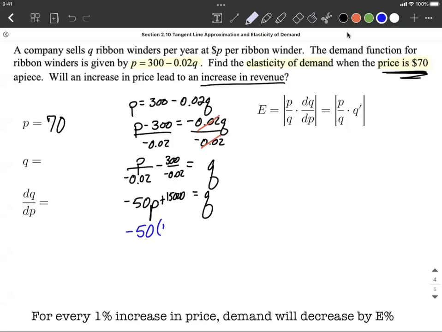So negative 50 times 70 plus 15,000 is going to be our quantity Q. That's negative 3,500 plus 15,000, so our quantity should be 11,500.